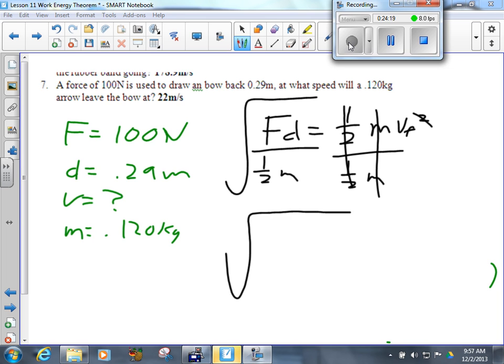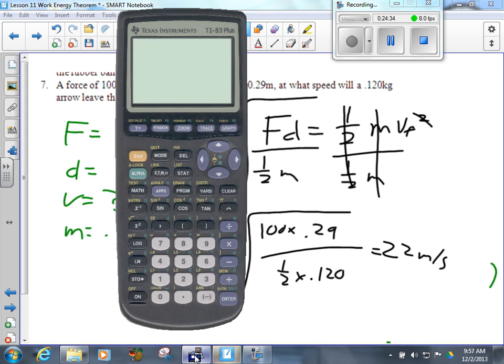All right, so when we plug in our numbers here, that's going to be 100 times 0.29 over 1/2 times 0.120. Okay, when we do that, we should get 22 meters per second, but we'll just double check. 22.